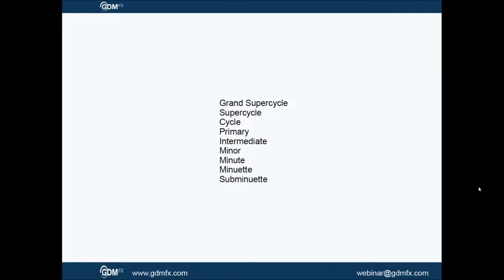Cycle waves subdivide into primary waves that subdivide into intermediate waves that in turn subdivide into minor and subminor waves. It is important, ladies and gentlemen, to understand that these labels refer to specifically identifiable degrees of waves.